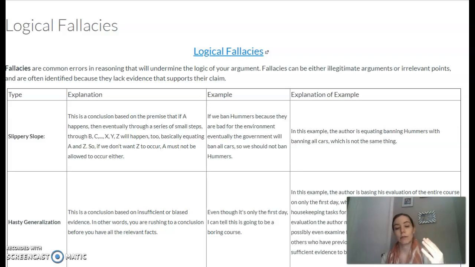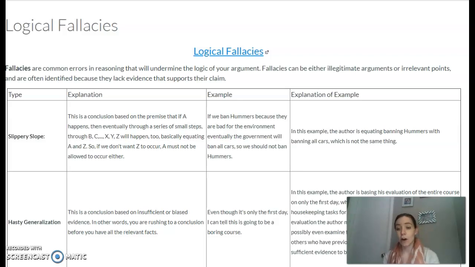Logically, the conclusion must follow. Logical fallacies are different in that they do not rest on any sort of logical foundation, that they are flawed logical arguments.